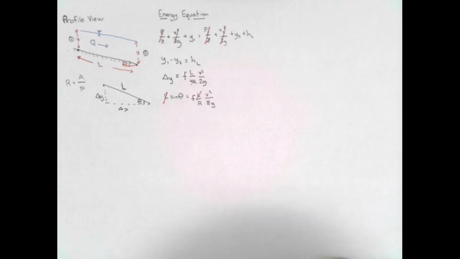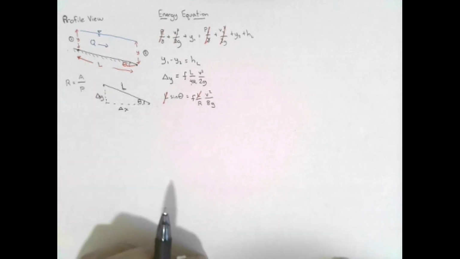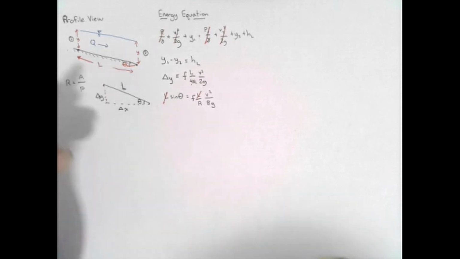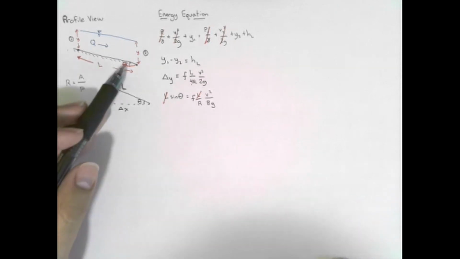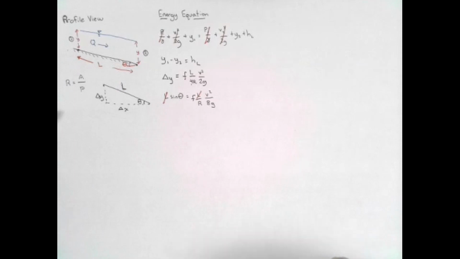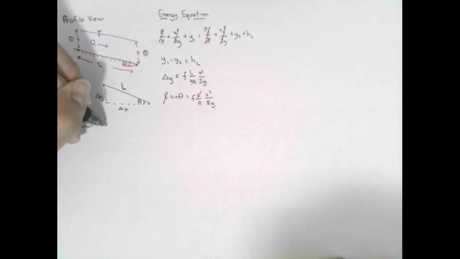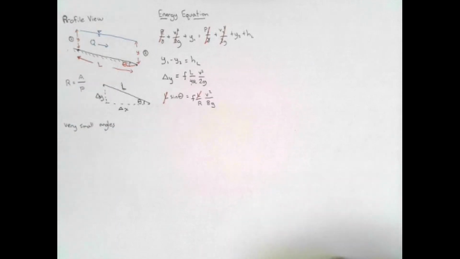Okay? So if most channels are going to have very, very small slopes, no greater than 10 degrees, then we can apply some trigonometric approximations to this angle. So we know that for very small angles, we get that the sine of an angle tends to be equal to the angle.